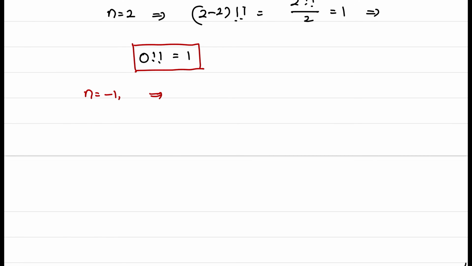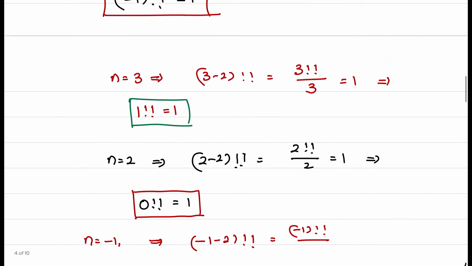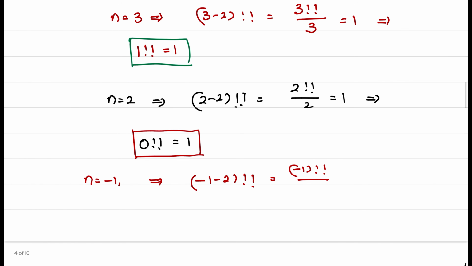That implies, from the definition, (minus 1 minus 2) double factorial is equal to minus 1 double factorial by n, that is minus 1.